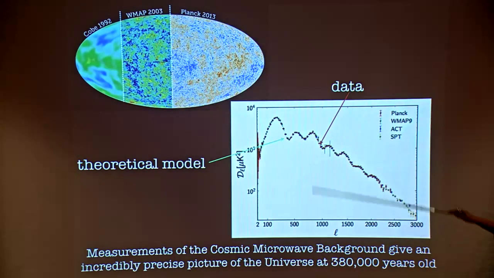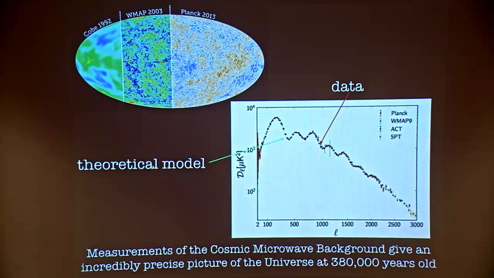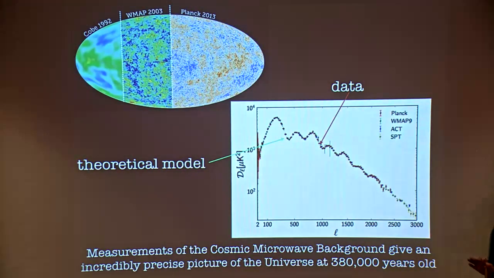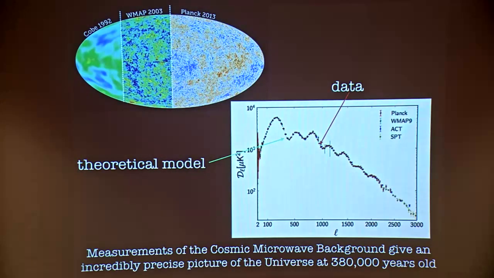There is a line underneath those points, and that line is a model which is described by just 6 parameters. Those 6 parameters essentially describe things about what the universe is made of. I'll say more about those parameters in just a minute. But the basic idea is that we have this incredibly precise picture of what the universe looked like at this very early time, and we know how to map those measurements directly into a simple theoretical model about what the universe is made of.